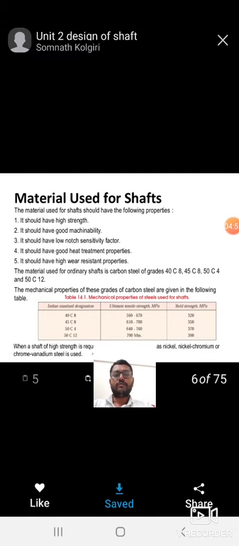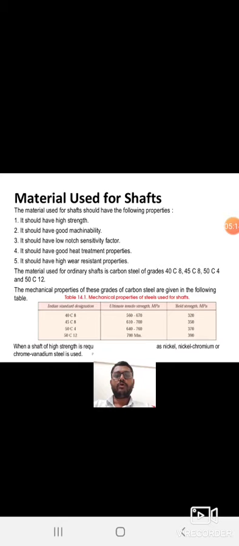The next important factor is the material used for shaft. First of all, we have to consider the various properties of material used for shaft. The first property is it should have high strength. Second, it should have good machinability. Third, it should have low notch sensitivity factor.